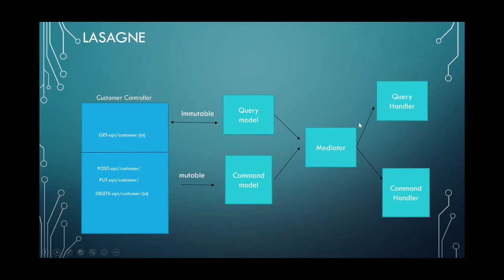You can see there is no interaction. All the logic for the queries is embedded in the query handler, and all the logic for the commands has been embedded in the command handler. So the models have been divided into small chunks, which have respective handlers which hold the logic. This handler deals with these small chunks of models.